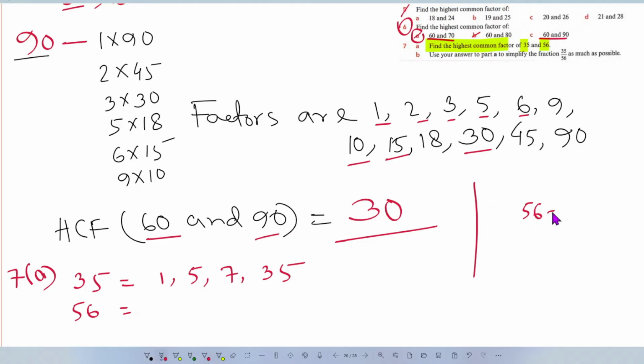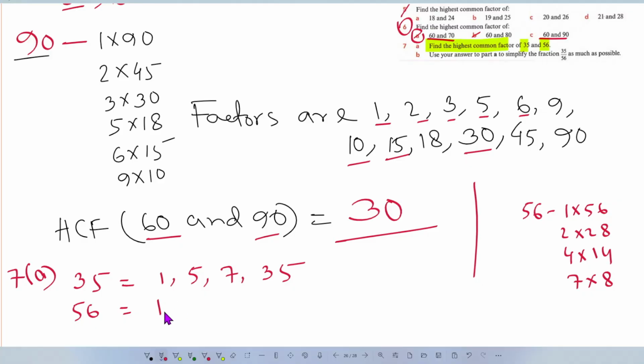56, like 1 times 56, 2 times 28, 3 is not possible, 4 is possible, 4 times 14, 5, 6 is not possible, 7, 8, 7 is possible, 7 times 8, then 9, 10, 11, 12, 13, 14 is possible.